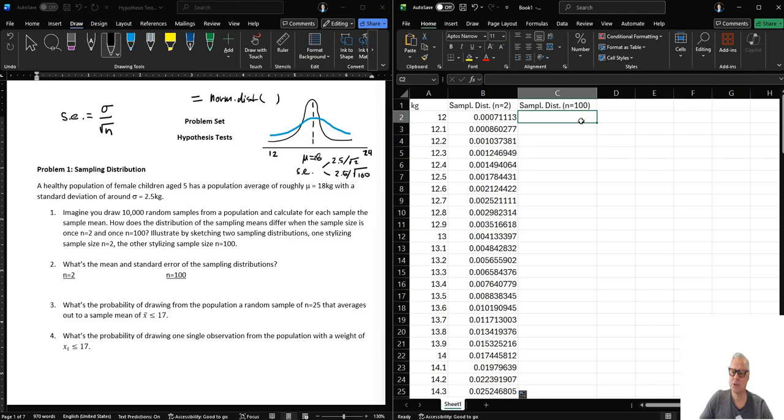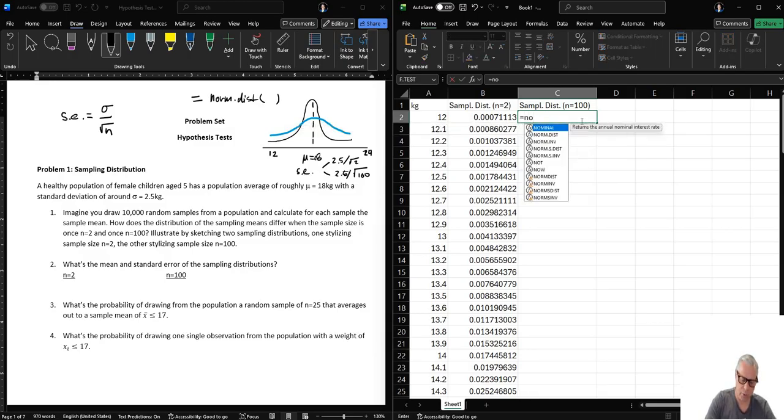Now we do the same, assuming a sample size of 100, which affects the standard error. So we enter now norm.dist, and I want to know the first value, for example 12. What probability does that have when the mean is 18?